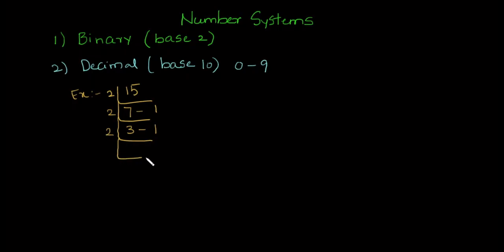Then 2 ones is 1, remainder is 1. Remember, we need to collect the answer in the reverse direction from bottom to top. It means the answer is 1, 1, 1, 1. So friends, this is how you convert a decimal number into binary form. So I can call this one as base 2.